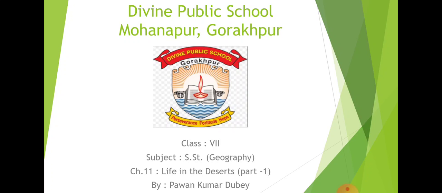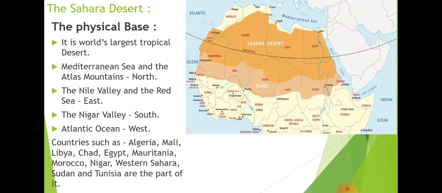Now we have to see the deserts which belong to the cold desert and the hot desert. In this video we will go one by one, starting with the hot desert, the most common and most famous desert, that is the Sahara Desert. The Sahara Desert lies in the African continent.